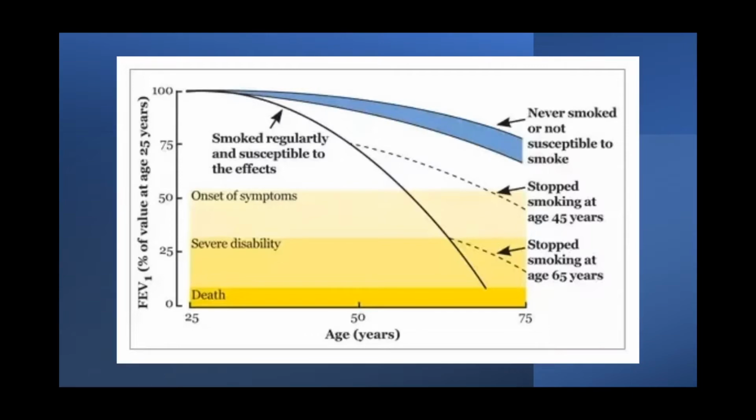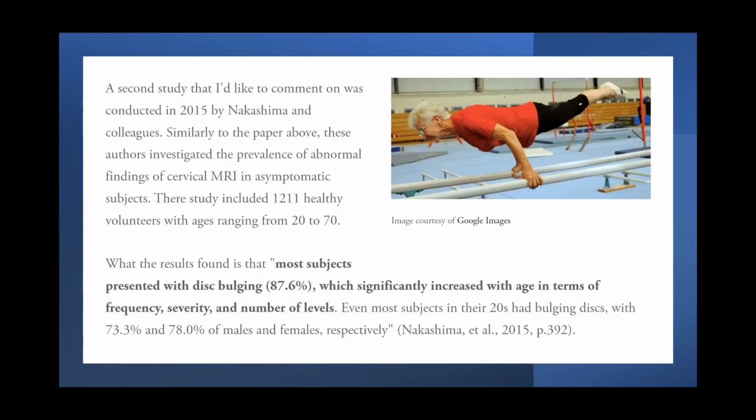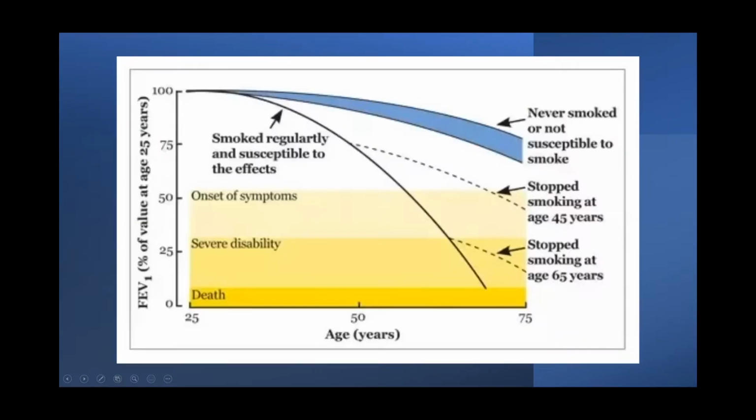If the degenerative changes that you see, like this lady, do you think she's going to have degenerative changes in her spine? Of course she is, but she's clearly highly functional. So the degenerative changes in this person's spine are not afflicted with inflammation.